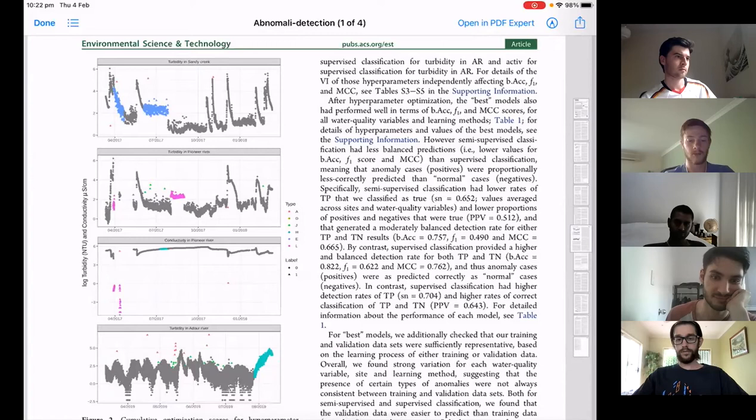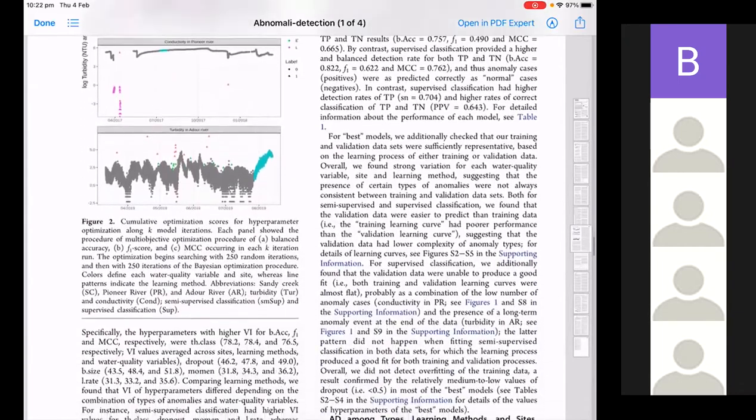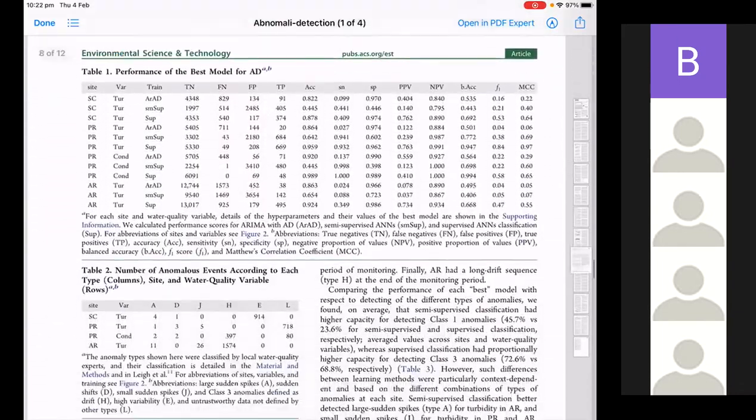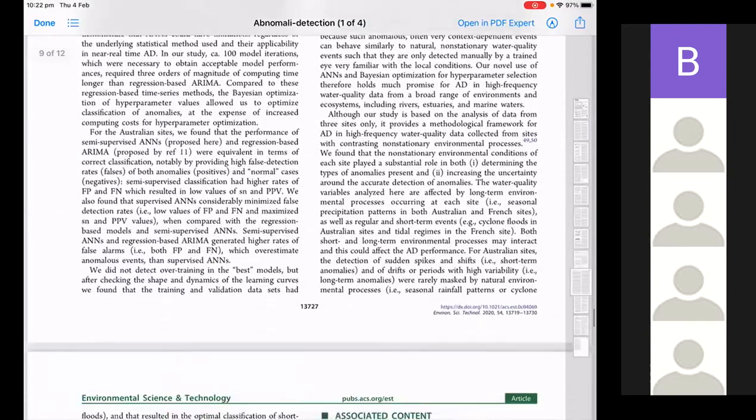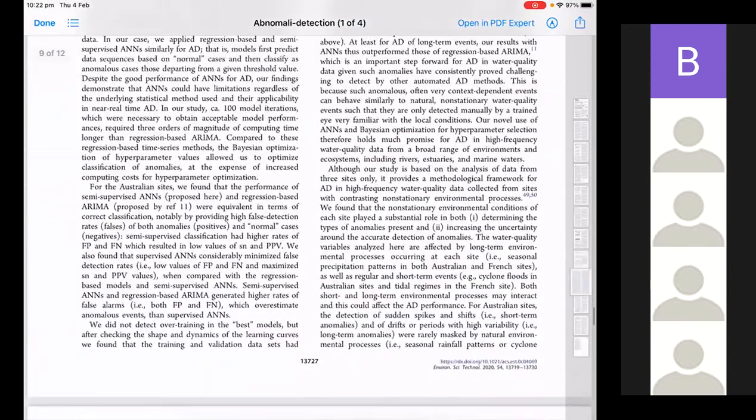So it was also a supervised method. We compared different approaches, and we show that the LSTM in this approach was doing pretty well. Yes, that's a short summary of this project. Any question?